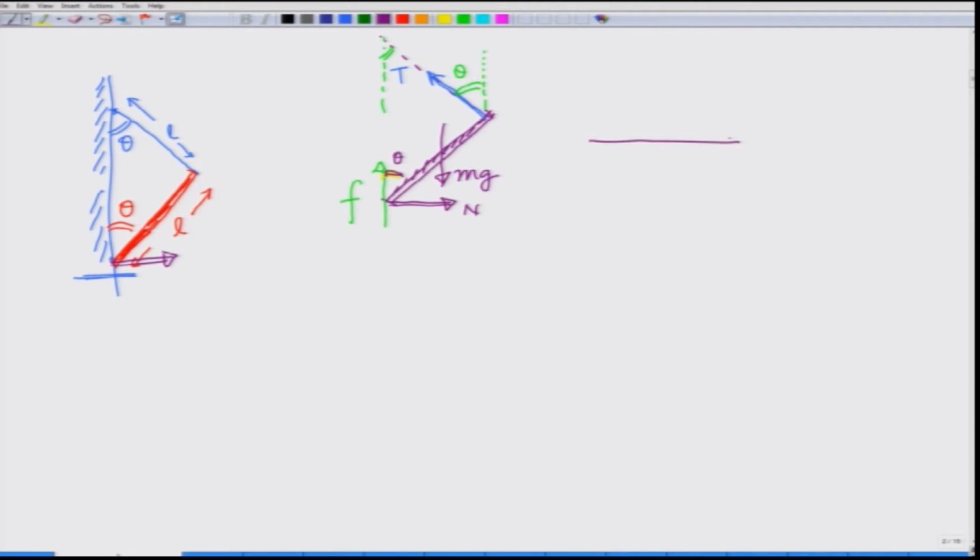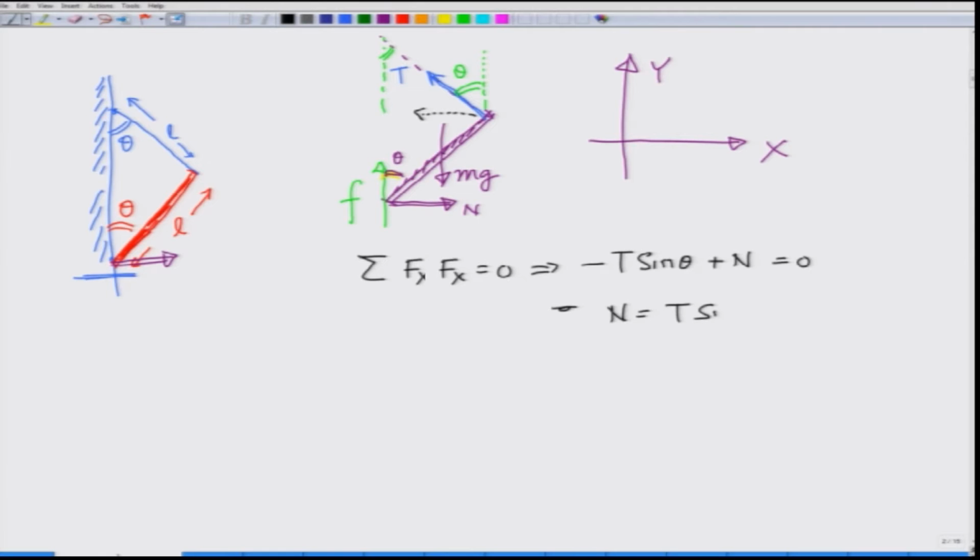Let me take this direction to be x and this direction to be y. Then for equilibrium, summation Fx equal to 0 gives me: the tension has a component in the direction opposite to x, so it is going to be minus T sine theta plus N equal to 0. N is going in the positive direction, and this gives me N equals T sine theta.